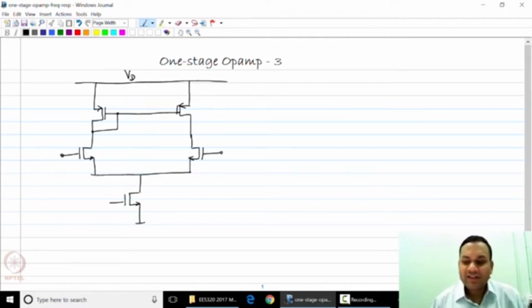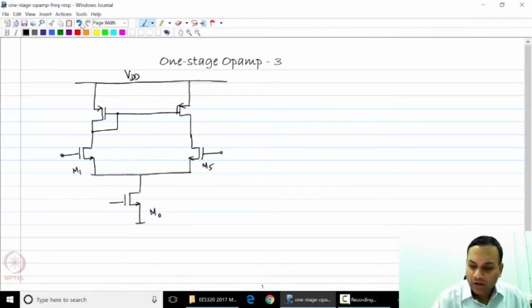So, this is the circuit of the op-amp. I am going to number the transistors from M0 to M4.